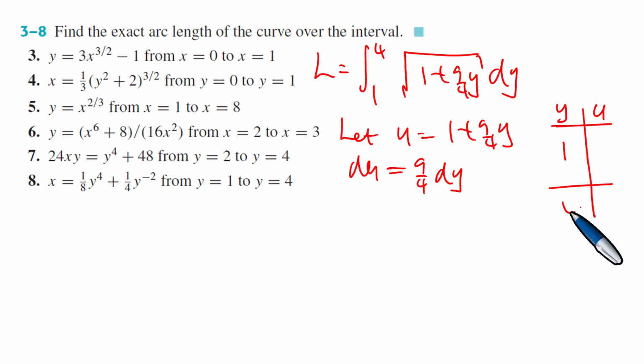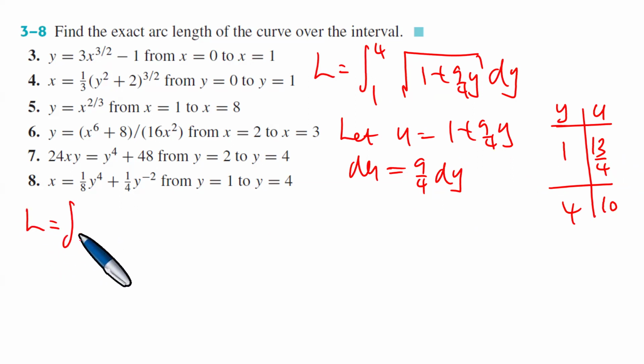Y is from 1 to 4, the limits of integration. U, if you put 1 here, it's going to become what? Y equals 1 and then becomes 13 out of 4. If you put 4 here in the place of the y, it's going to be 9 plus 1. And what is 9 plus 1? 9 plus 1 is exactly a 10. You put the 4 in the place of the y, because y is 4, then it cancels out.